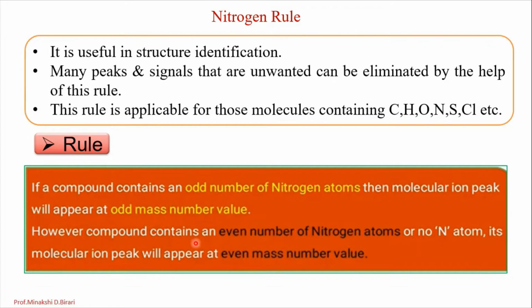Also, if the compound contains an even number of nitrogen atoms or no nitrogen atoms, that is, nitrogen atoms 0, then the molecular ion peak will appear at an even mass number value.